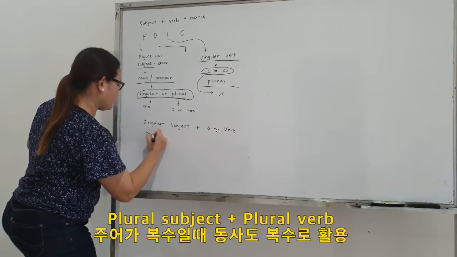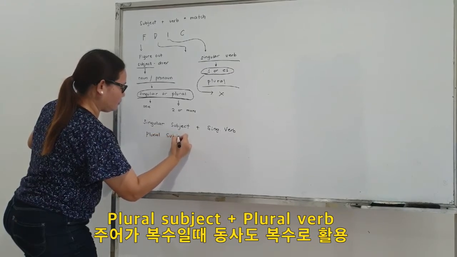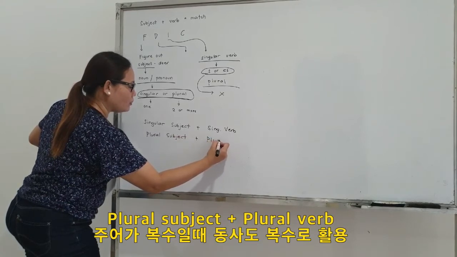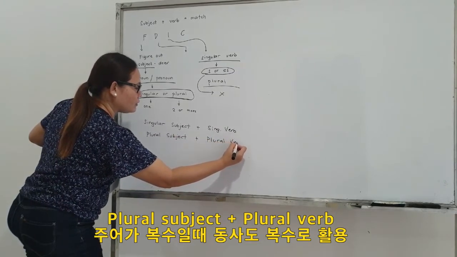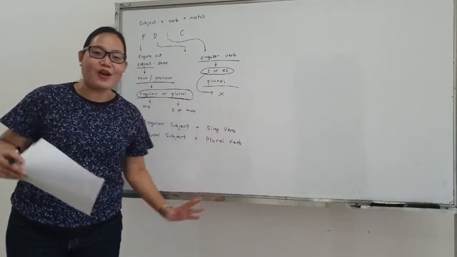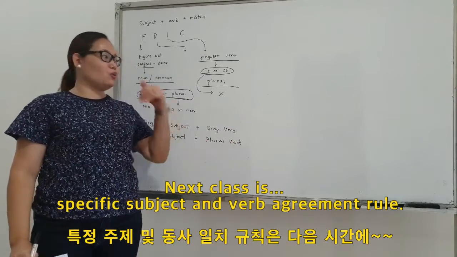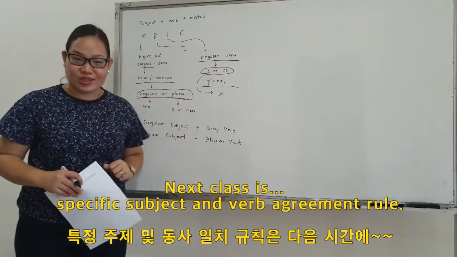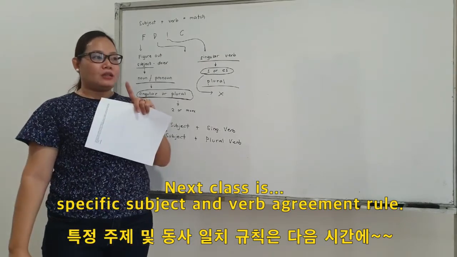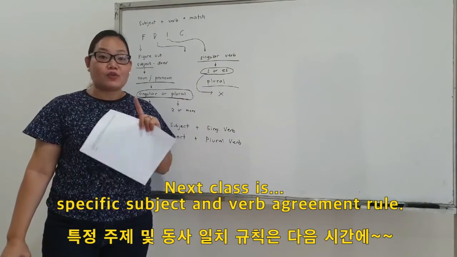A plural subject is of course with plural. Okay, so I hope that you fully understood this explanation. Okay, so I'm going to the specific subject and verb agreement rules.